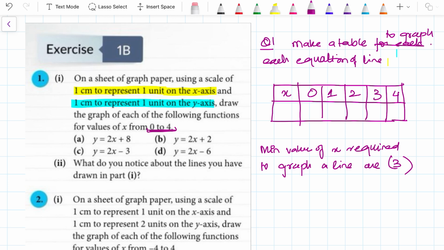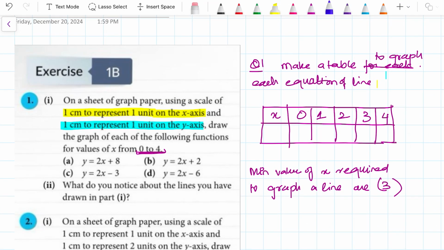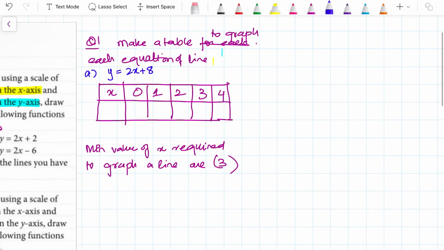Over here, I will use any 3 values of x. I will not use all values of x. And in the next question, I will use all values of x. So you will see it doesn't make a lot of difference. Now, the first part in the equation. When x is 0, let's do the working here. The value of y is 8.